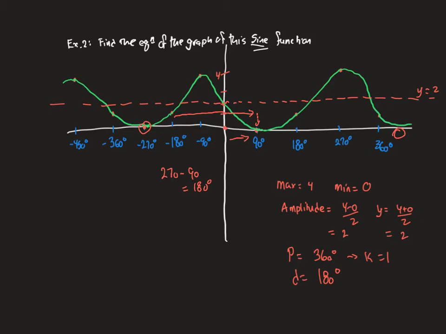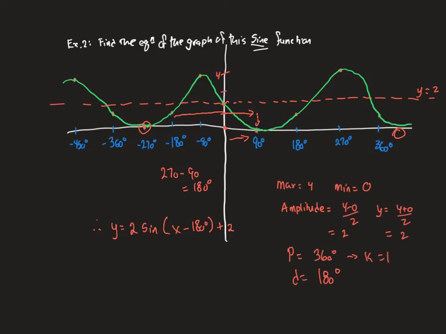So with all this in mind, my equation therefore should be y is equal to, put my amplitude, which is 2. I know it's a sine function. I know it's going to the right by 180, so this should be still negative. And I'm going up by 2. How do I know I'm going up by 2? Well, amplitude, I actually didn't talk about that.